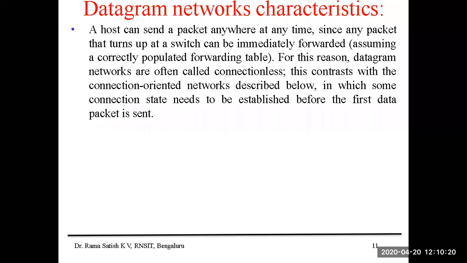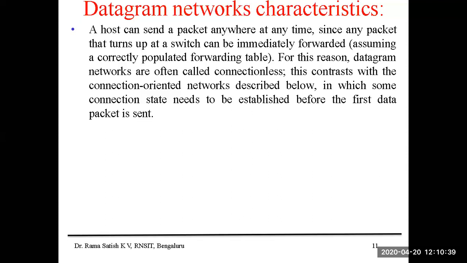This is the reason datagram networks are often called connectionless. They never establish a connection before they transmit. So based on the forwarding table, it will just forward it.